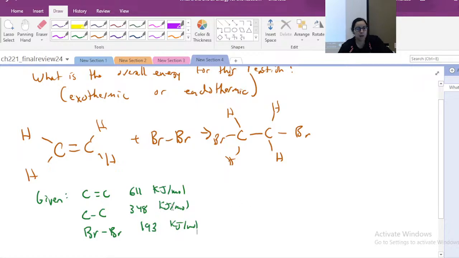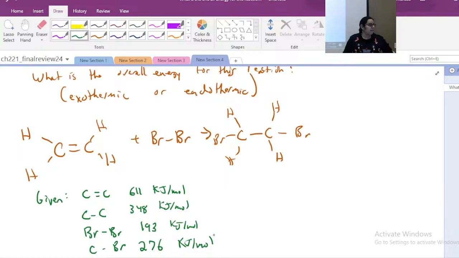And a carbon-bromine bond is 276 kilojoules per mole. So go through that. How would you determine this? We need a hydrogen's energy. I think you have all the bonds you need.